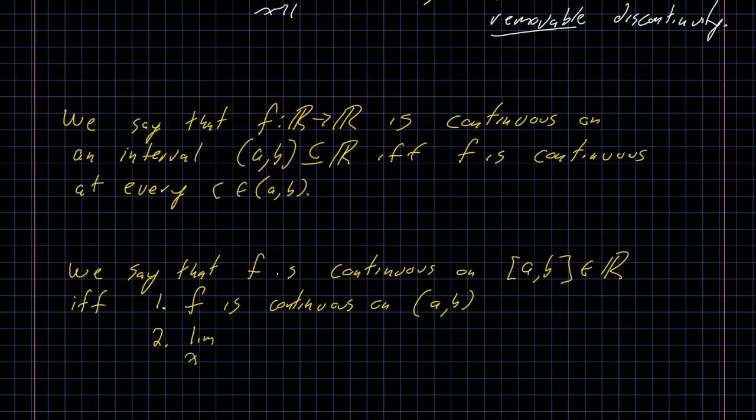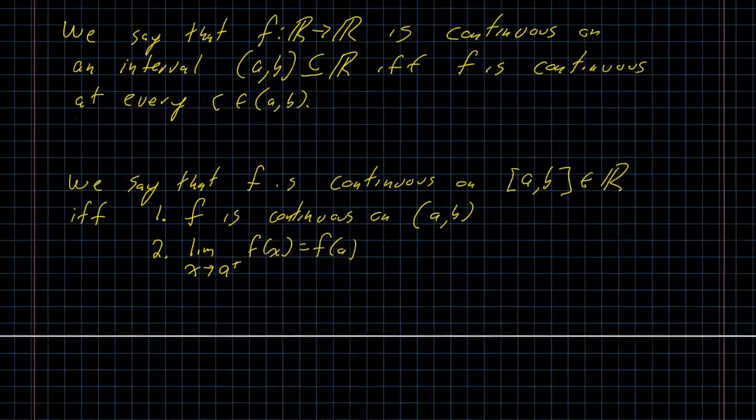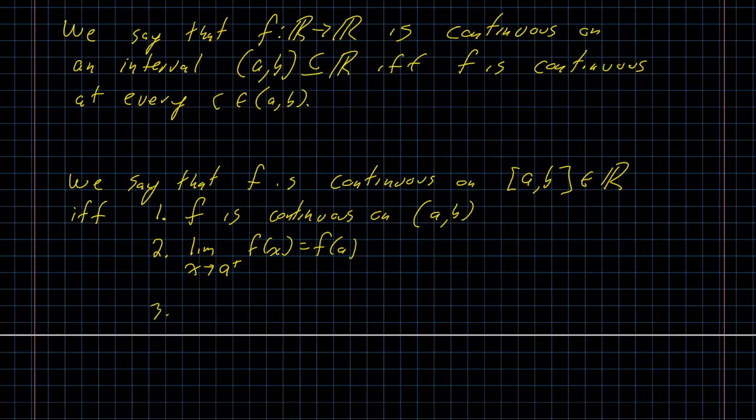the limit as x approaches a from the right of f of x is equal to f of a, which necessitates that the limit exists and f of a exists, or at least the one-sided limit exists. And three, the limit as x approaches b from the left of f of x is equal to f of b.